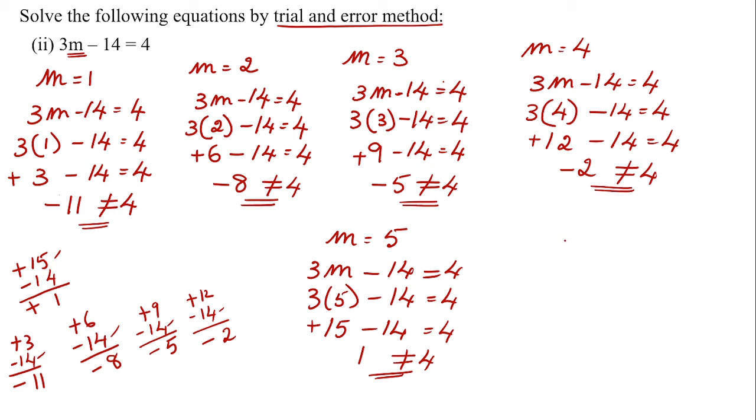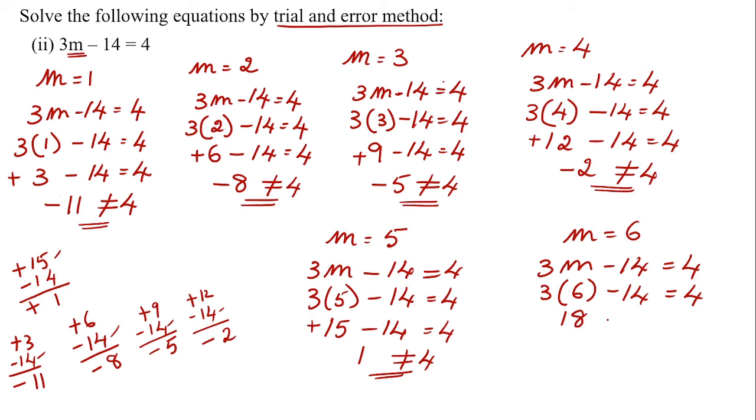Let us now see whether m is equal to 6 holds good for this equation. So 3m minus 14 is equal to 4. So the value of m, now we are taking it as 6. 3 into 6 is 18, minus 14 is equal to 4. If there is no sign, it is plus, right?